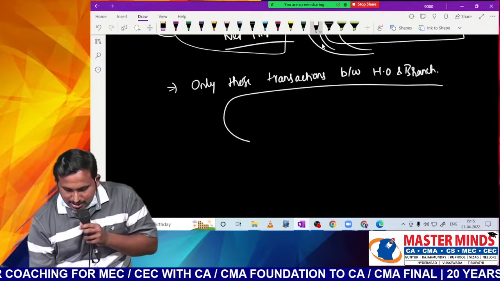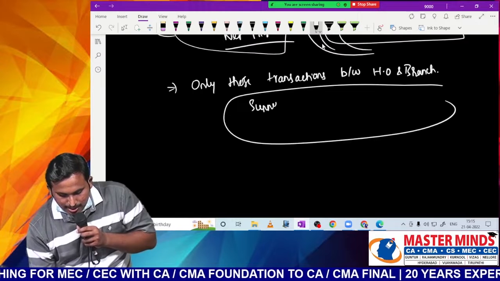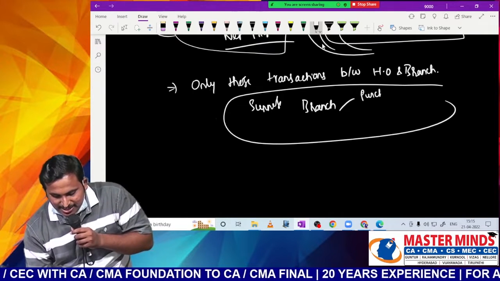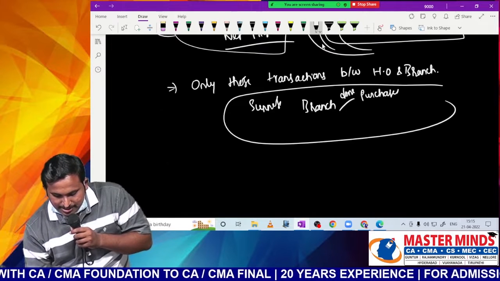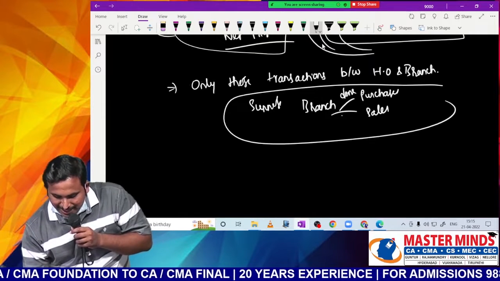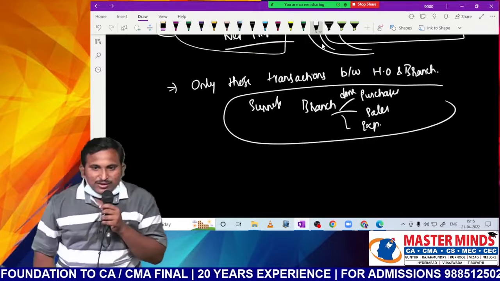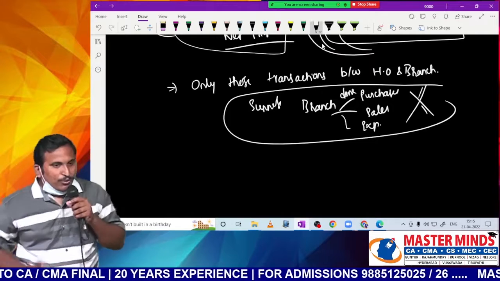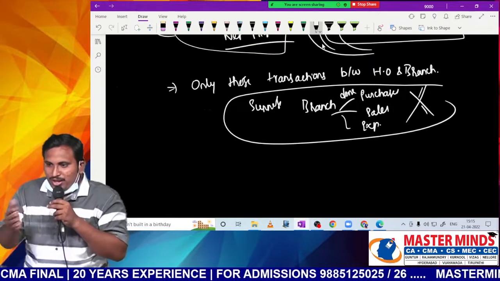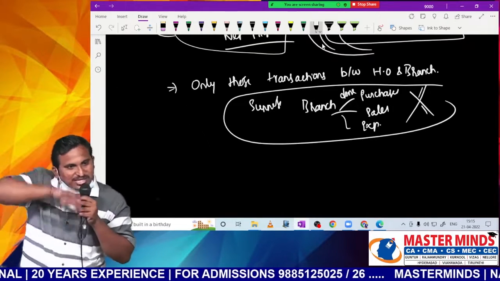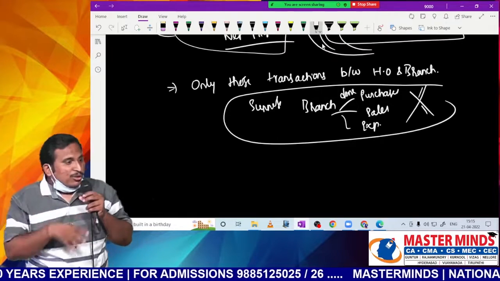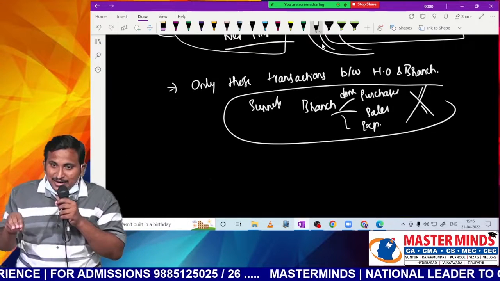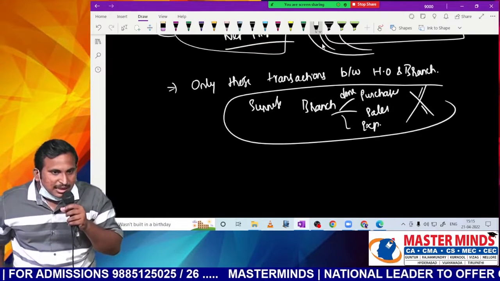That means, suppose the branch had done some sales, some purchases, or incurred any expenses. Will we record them, sir? No. All these things will not be written. Only the transactions between head office and branch. If you send goods, send cash, receive cash, receive goods, all those things will be written, but not the transactions done by the branch. Sir, is that clear, everybody?